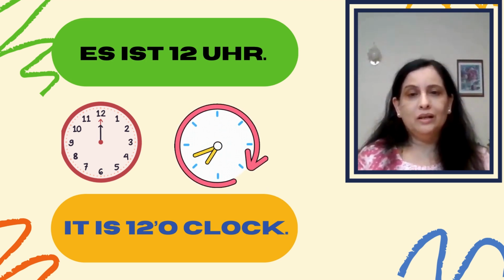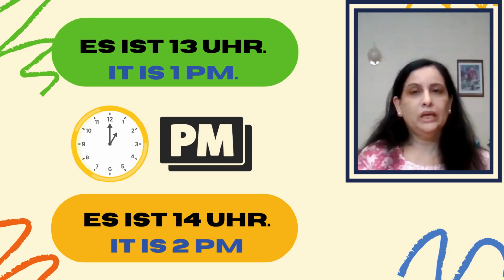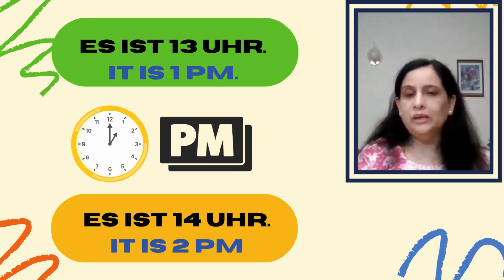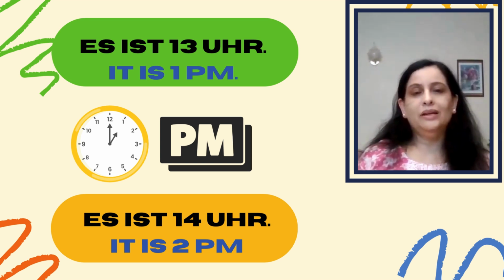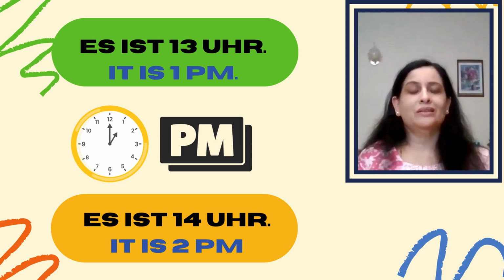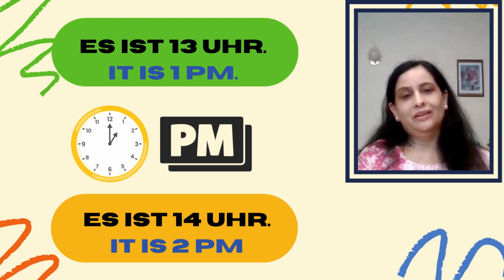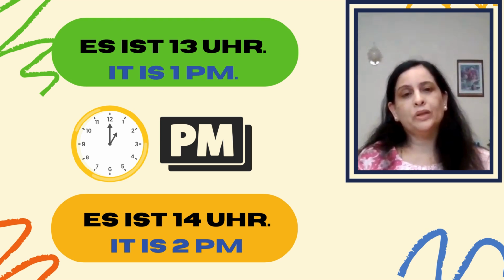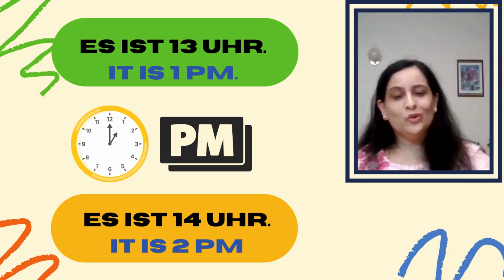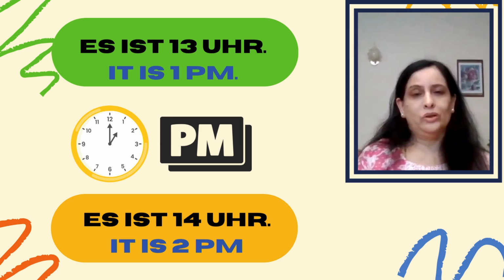After 12, suppose the clock shows 1 p.m. But in German, in offizielle Zeit, you will say es ist 13 Uhr. Or suppose it is 2 p.m. In offizielle Zeit, you will say es ist 14 Uhr.